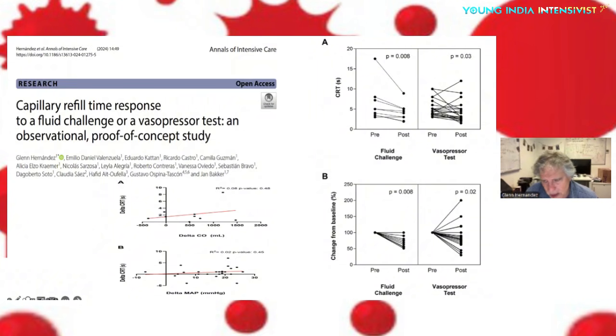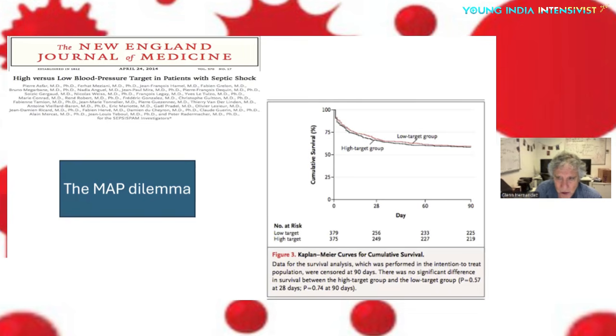With the vasopressor test in patients that were fluid unresponsive, the response was not quite as nice, because it was worrisome: many patients tended to normalize capillary refill time when they had persistent abnormal CRT and were fluid unresponsive, getting a MAP challenge to 80-85 for 1 hour. But 4 patients here deteriorated capillary refill time, meaning that with this test you can disclose patients that will benefit from increasing MAP or not.